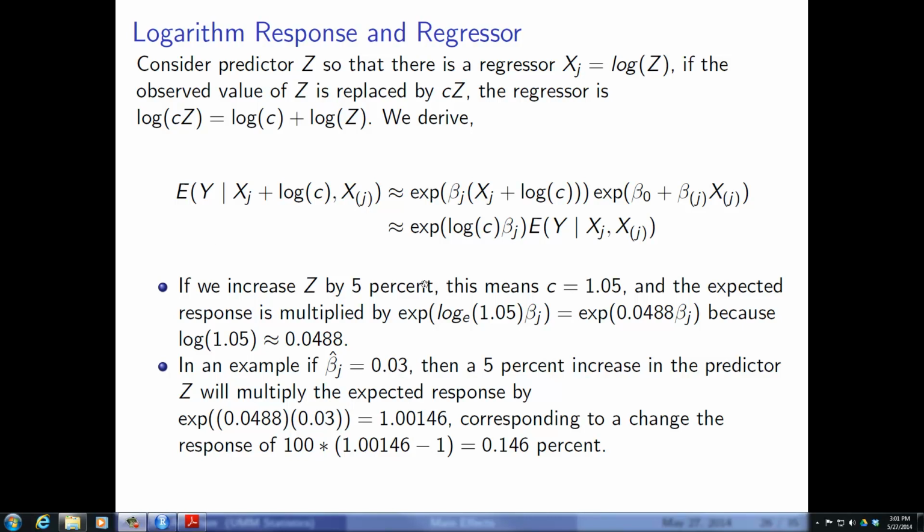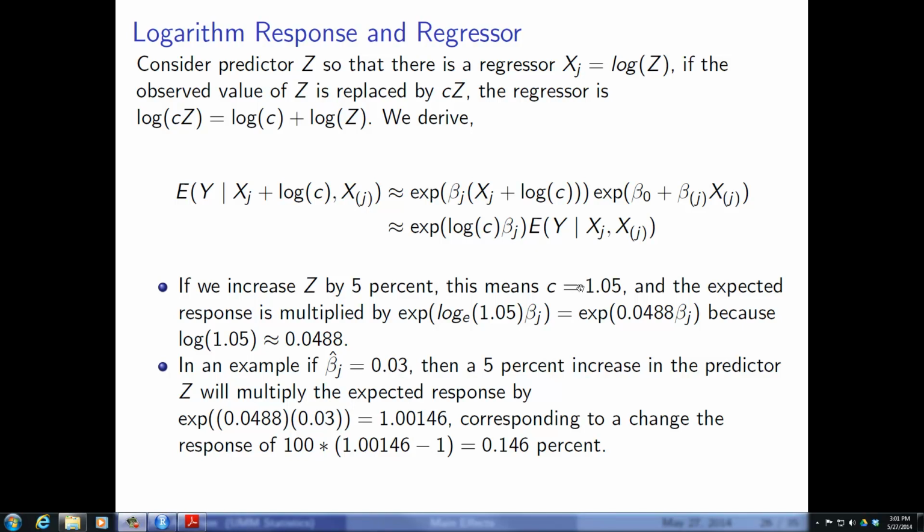This is going to correspond to, in our example, if we would increase the predictor z by 5%, that means back here c times z, c would be like multiplying z by 1.05. That is what it would mean to increase a predictor by 5%.